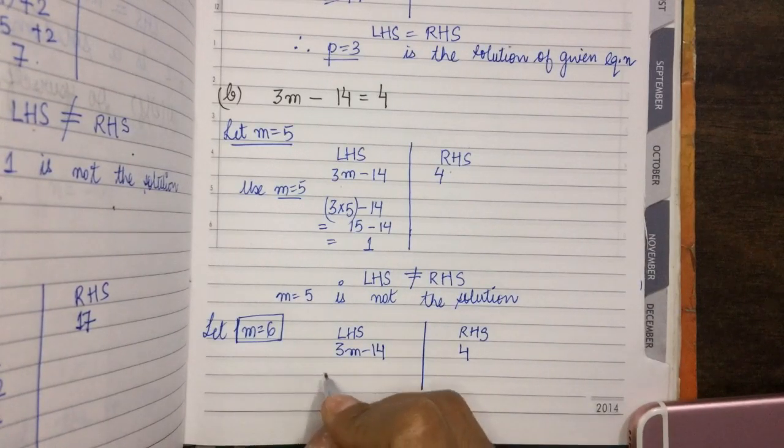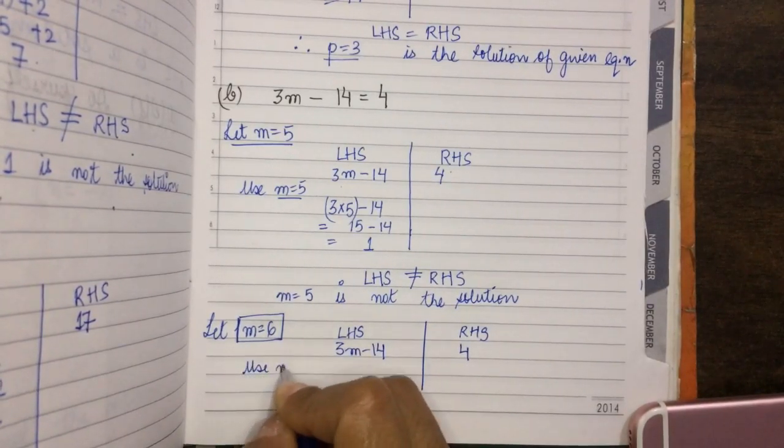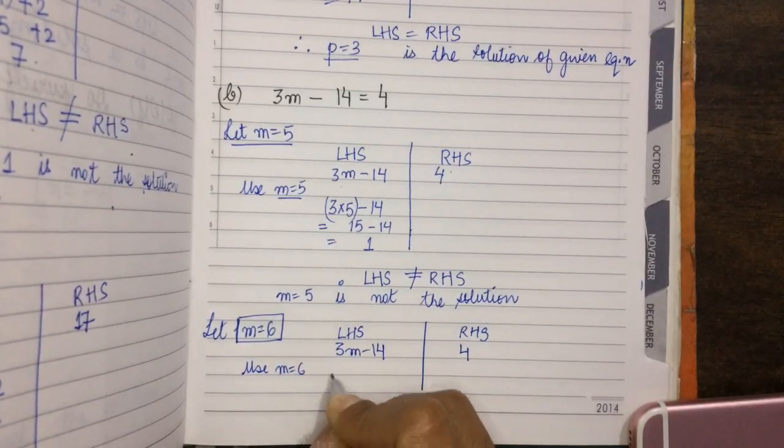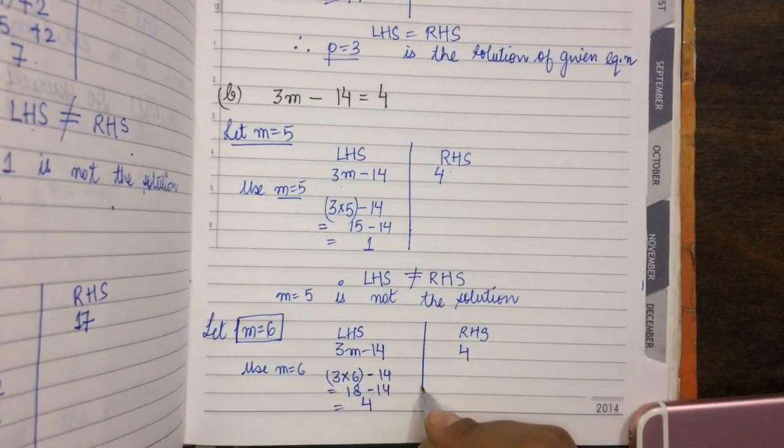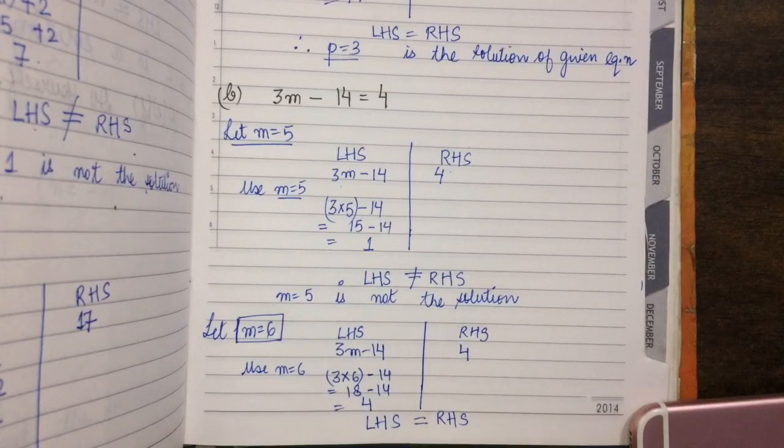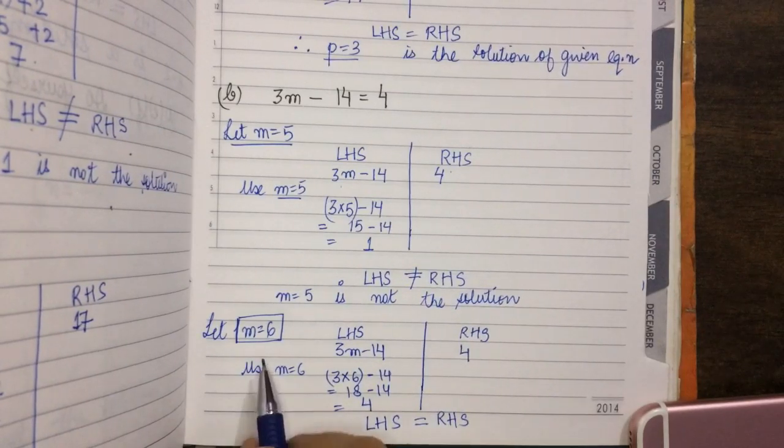So using m equals to 6, this will be 3 into 6 minus 14. This is 18 minus 14. This is 4. Now both my sides have the same value. LHS and RHS, they have become equal. So that means this time I guessed the right answer.